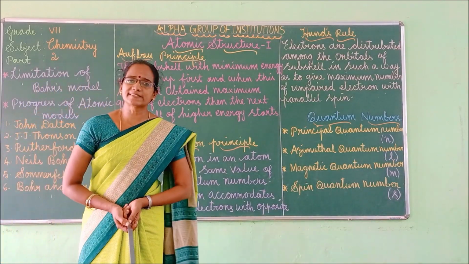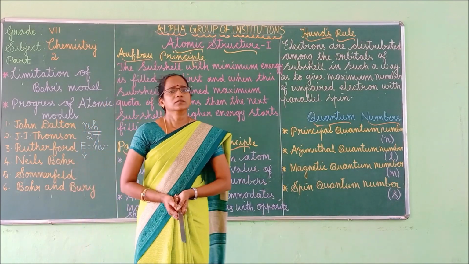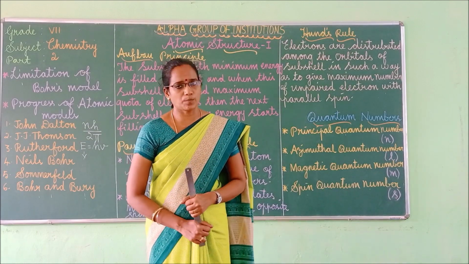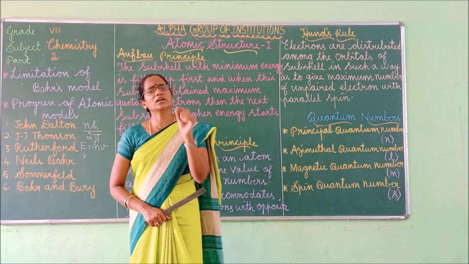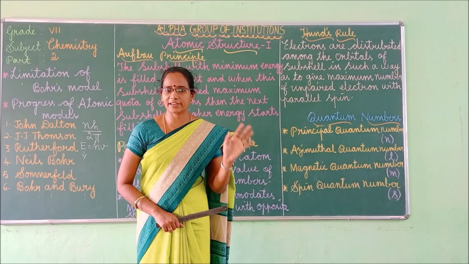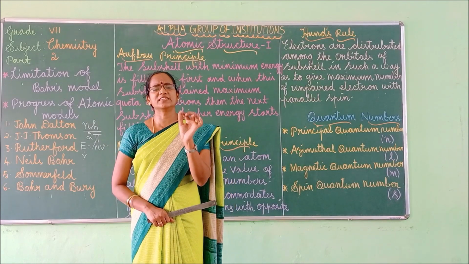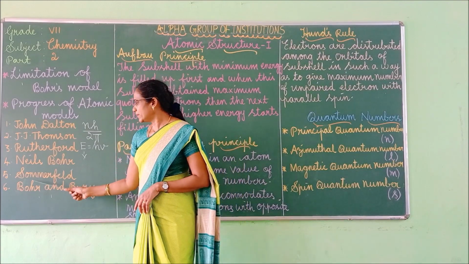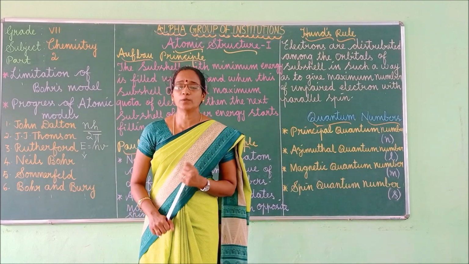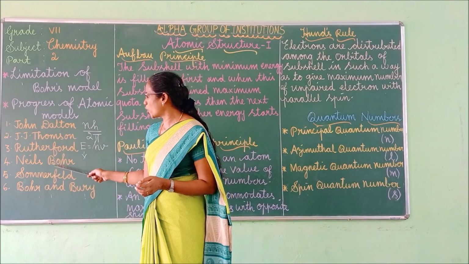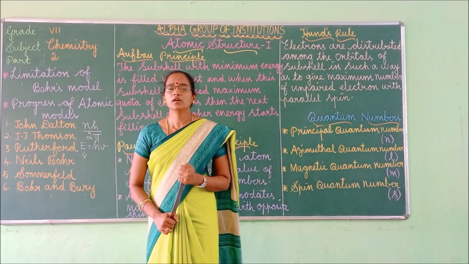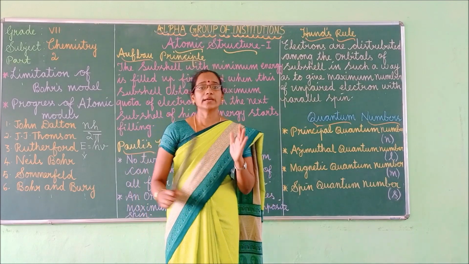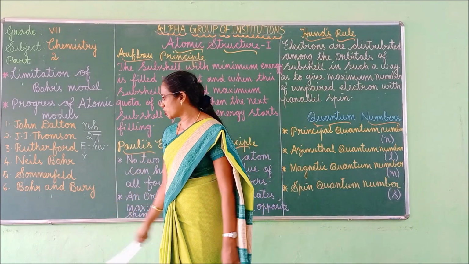In 1916, Sommerfeld modified Niels Bohr's atomic model by introducing elliptical orbits for the path of the electron. Elliptical means it's just like an oval-shaped path.